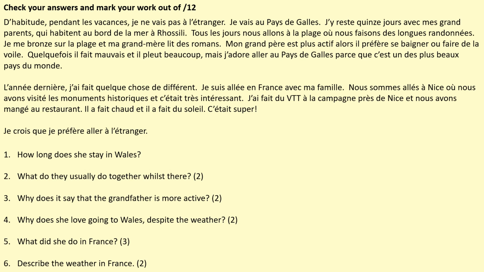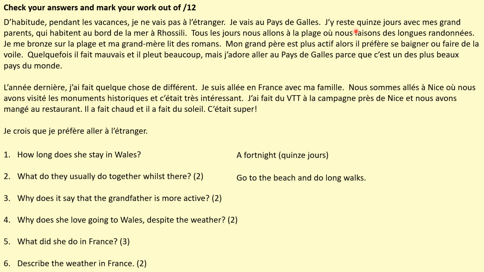Number 1. How long does she stay in Wales? It's a fortnight, 15 jours, even though this means 15 days, and we think of a fortnight as being 2 weeks, so 14 days. That is the phrase, 15 jours, a fortnight. Number 2, what do they usually do together whilst there?